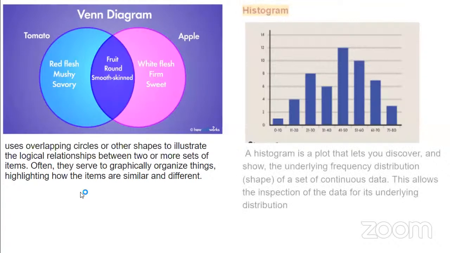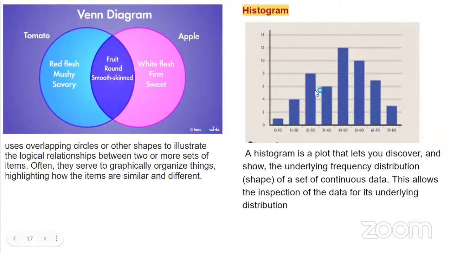And a histogram is a plot that lets you discover and show the underlying frequency distribution of a set of continuous data. This allows the inspection of the data for its underlying distribution. So let's say you have quite a number of data points, you can use a histogram to represent groups. You see this one is a representation for groups from 0 to 10, 11 to 20, 21 to 30, and so on and so forth.